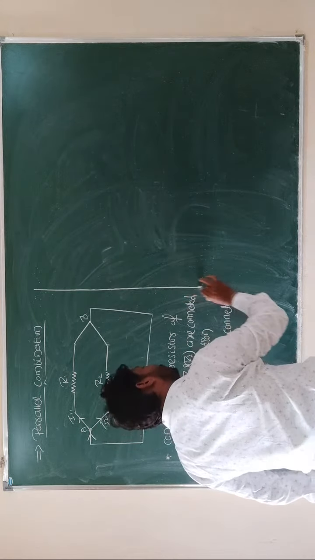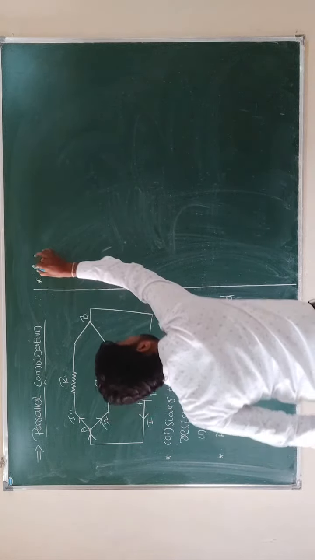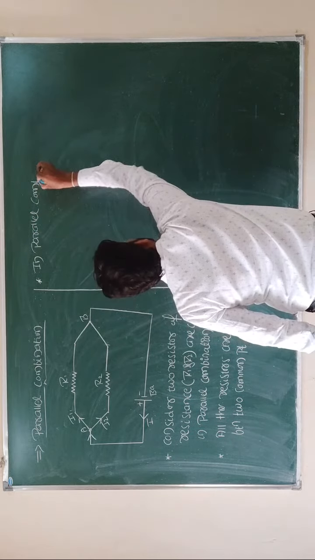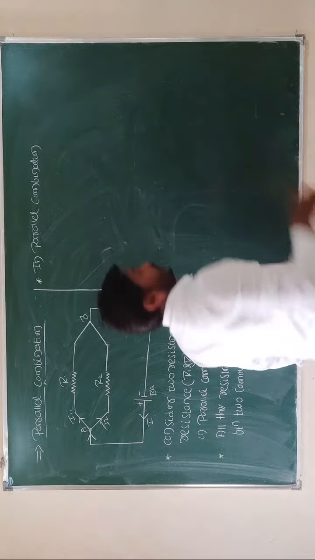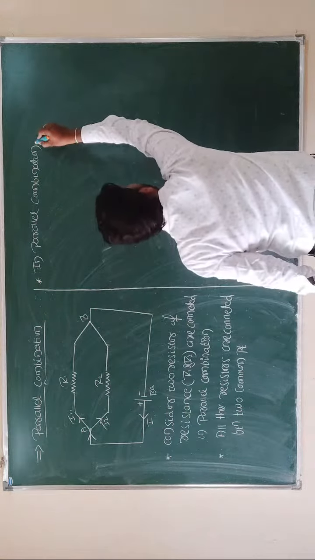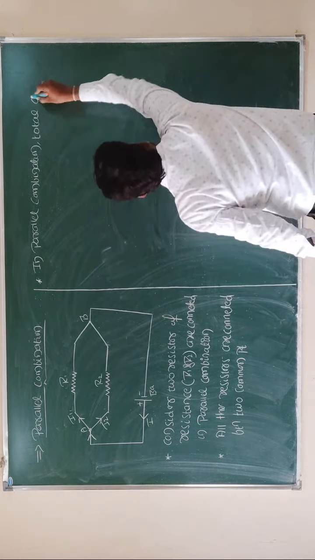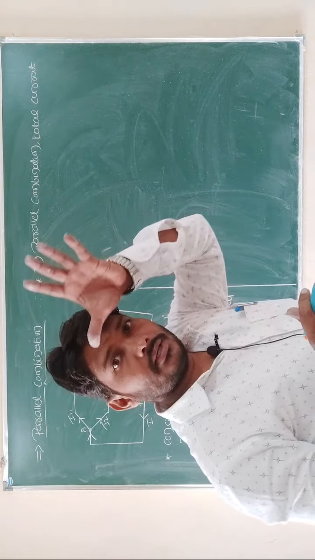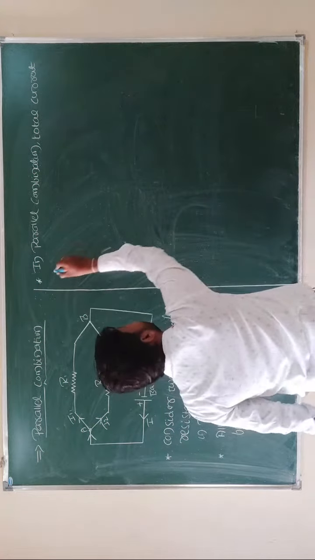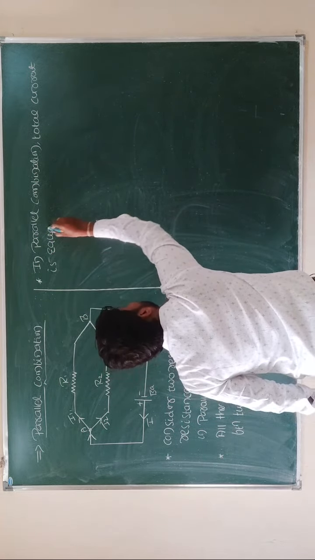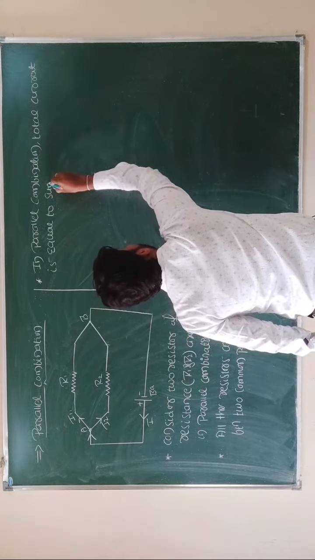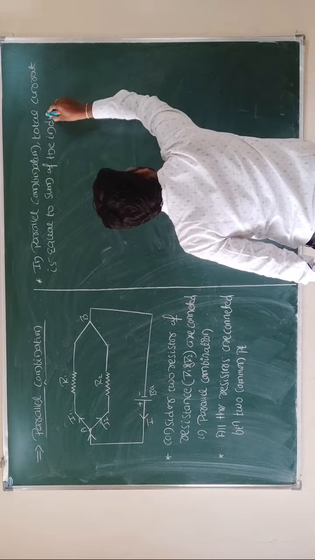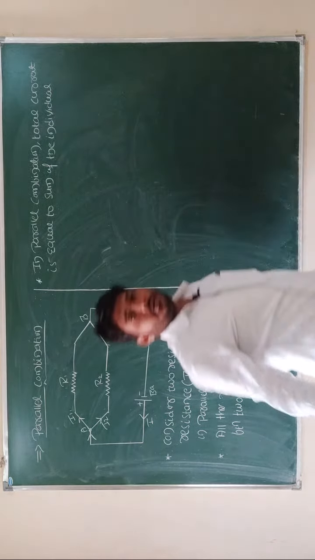In parallel combination, total current is equal to the sum of the individual currents.